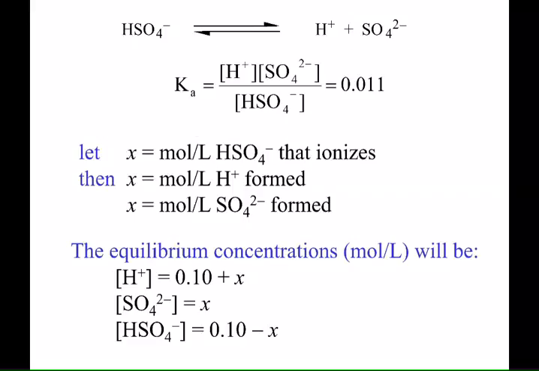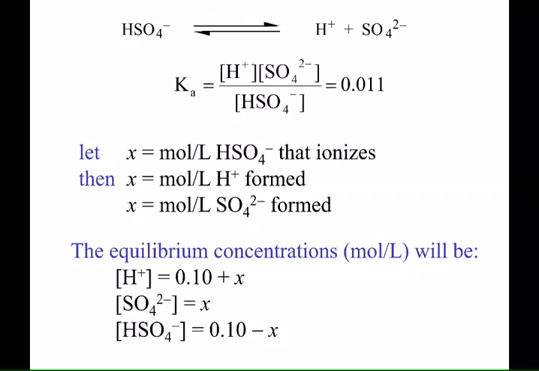Okay, so this is kind of the blah blah that I put over here on the board. HSO4 minus ionizes to form H plus and SO4 2 minus to a certain extent, the second ionization. And if we let X be equal to the amount of your HSO4 minus that ionizes, then that's the amount of the H plus that will form, and that's the amount of the sulfate ion that will form. Then your equilibrium concentrations look like you see down there.